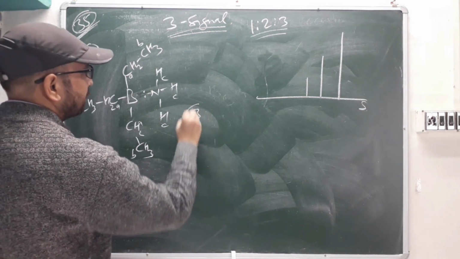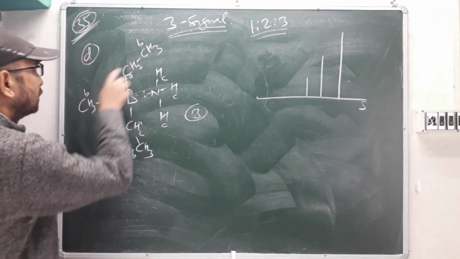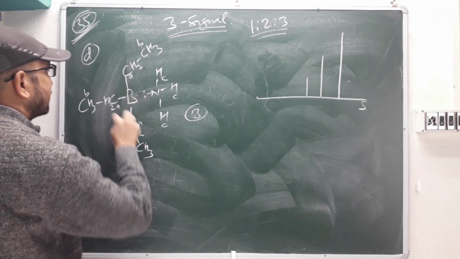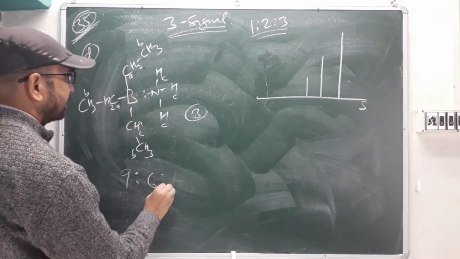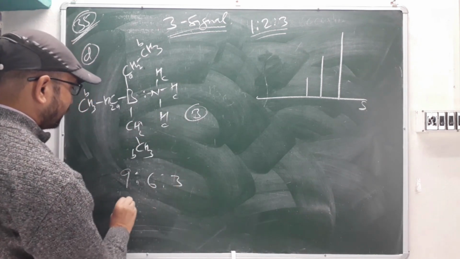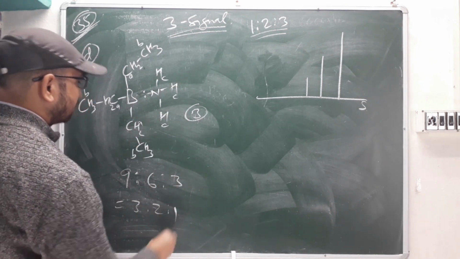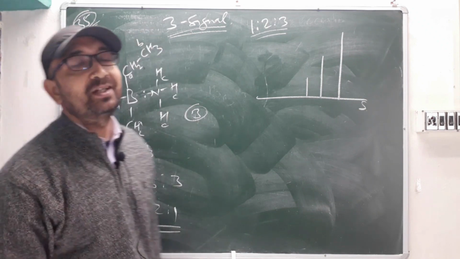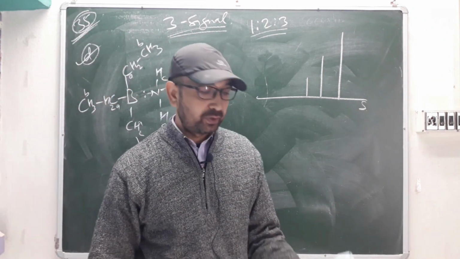Okay, so 3 signals are present. Ratio, so first see the B type, it is 9, C type 6, and then the other type it is 3. So it will be 3:2:1. So again 1:2:3 we are getting. So option D is also correct. So option C and option D will be your correct answer for this particular question.